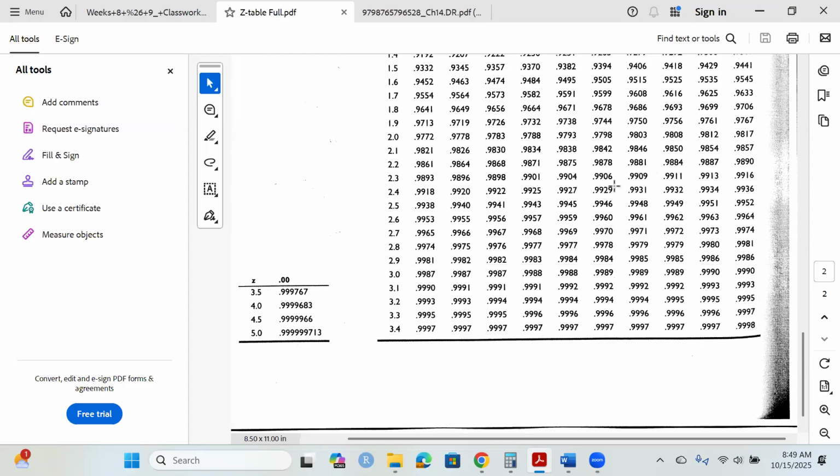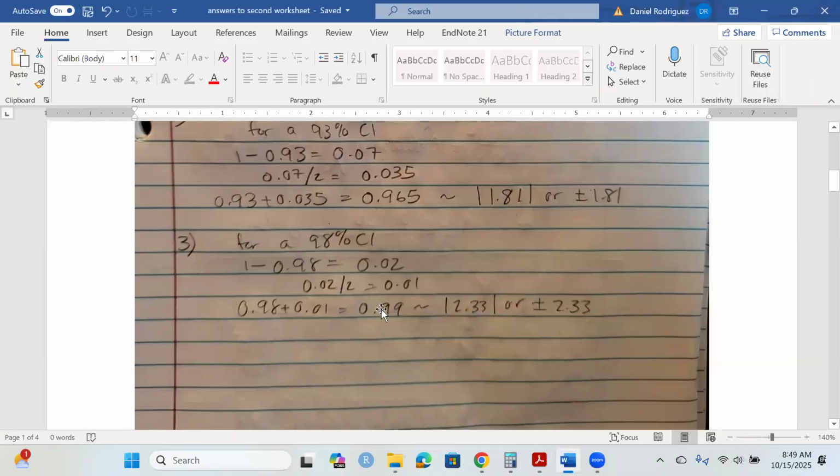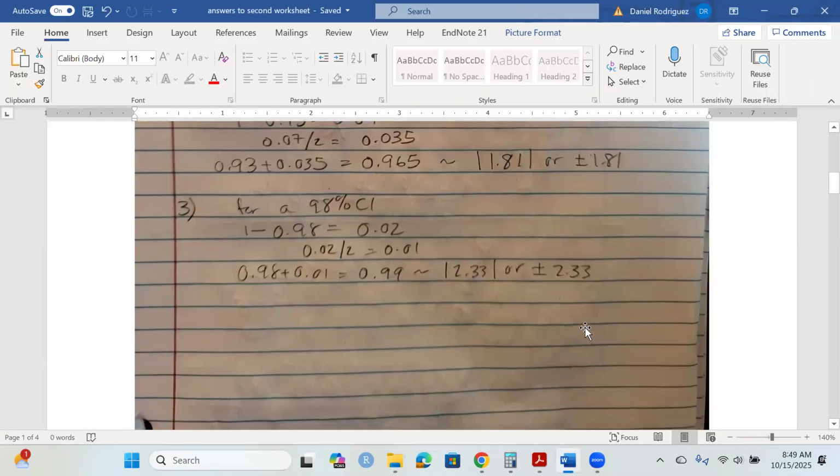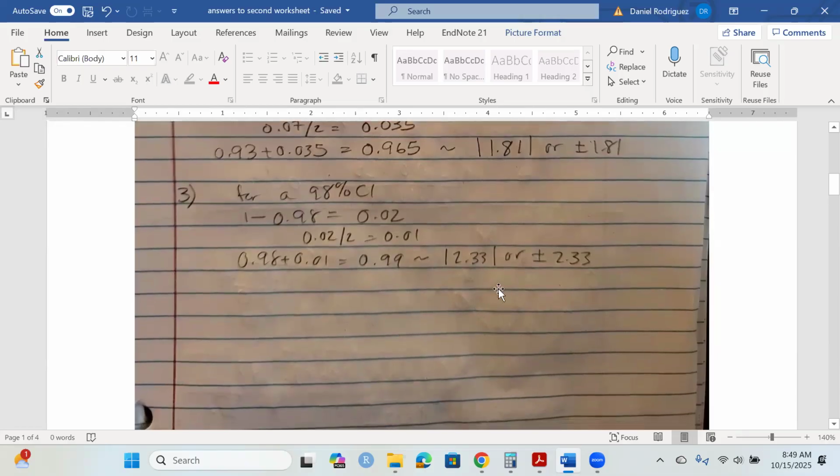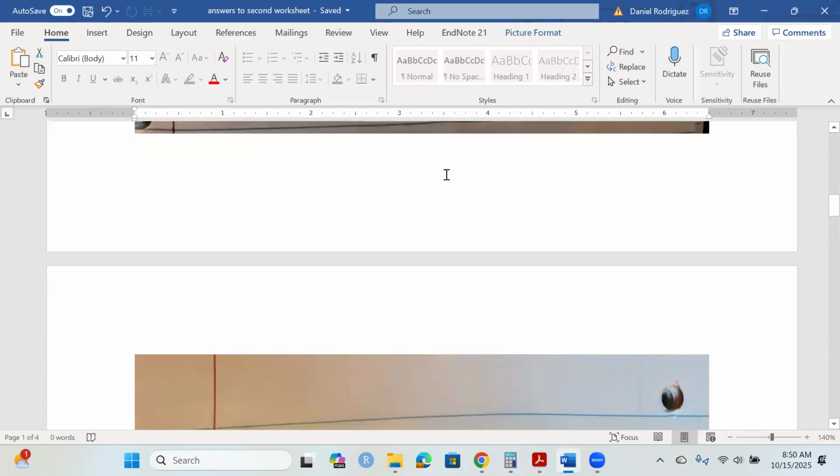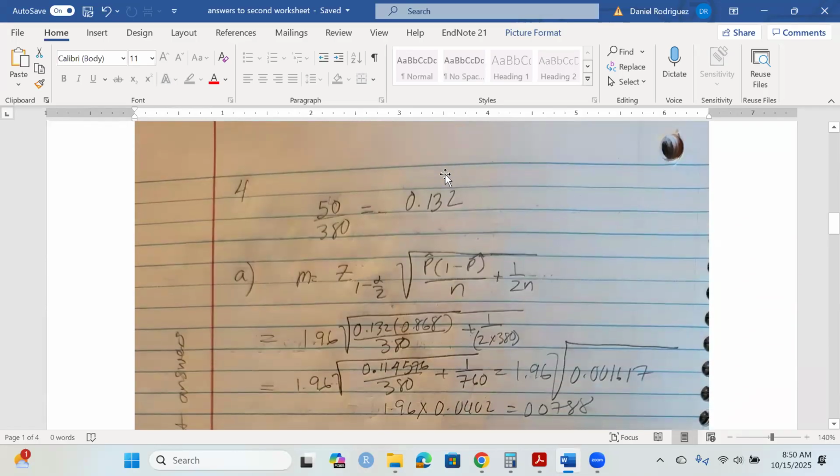So it's like right here. 0.99, so 2.3 something. 2.33, is that what I said? Yeah, about 2.33. Okay. Again, so that's absolute value. And I put this symbol here, all these symbols mean approximate because again, I'm using a table and I can't be perfect in the table.